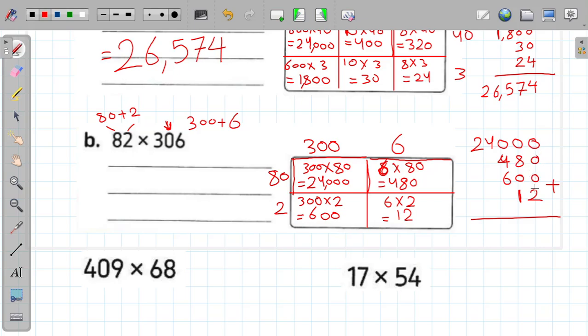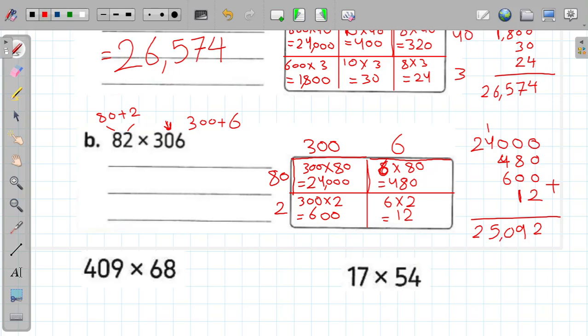0 plus 0 plus 0 plus 2 equals 2. 0 plus 8 plus 0 plus 1 equals 9. 0 plus 4 plus 6 equals 10. So I will write 0 and carry up 1. 1 plus 4 equals 5, and 2 does not change.